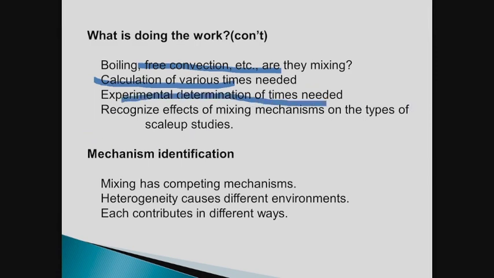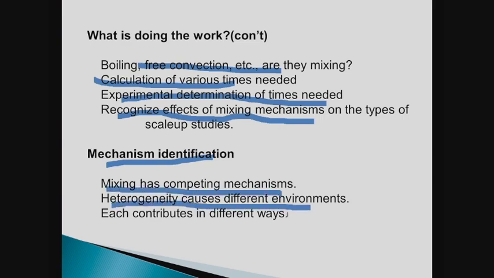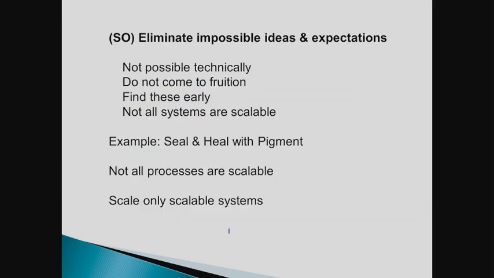Experimental time: you've got to figure out what's happening in that time. Recognize the effect of mixing mechanisms. Mechanism identification: mixing has competing mechanisms. Heterogeneity causes different environments, and each may contribute in different ways.